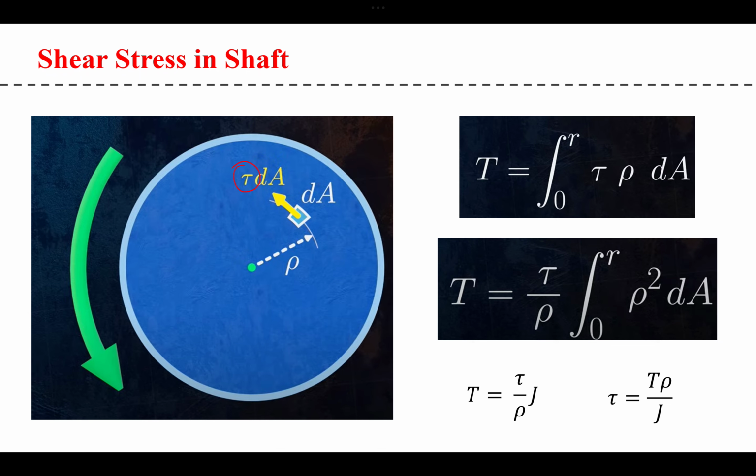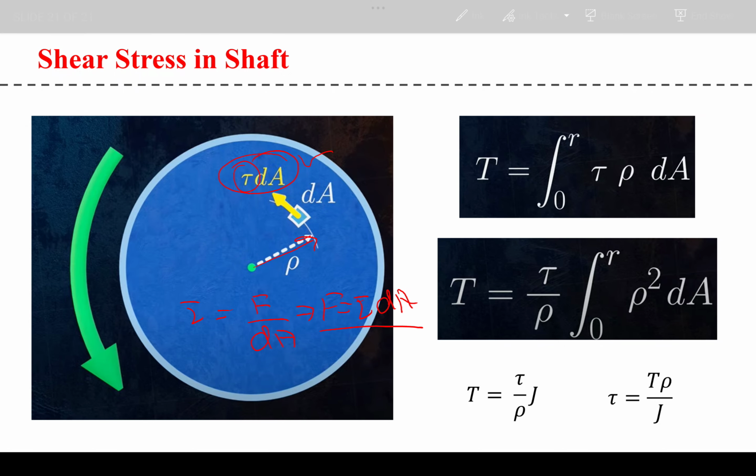We know that shear stress is equal to the shear force, which you can represent with V or whatever you want, divided by the area dA. So the shear force applied on the small area will be equal to the shear stress multiplied by dA. Simply, the force is tau dA. You have this force applied at a radius of rho. It's very simple.